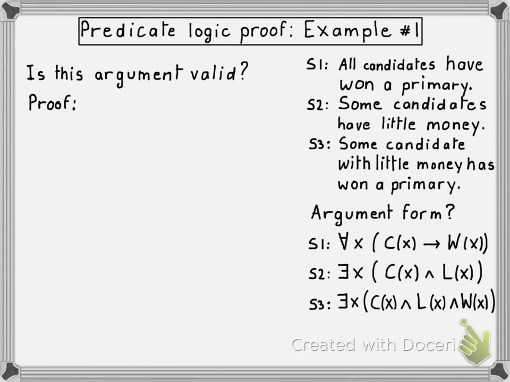Now remember that a formal proof is a sequence of propositions, each of which is either a premise or the conclusion of an inference rule whose premises appear earlier in the proof. Every proposition must be numbered, every proposition must be true, and every proposition in the proof must be justified. So the first line in the proof is always a premise. That's the only way to justify anything when you start from scratch.